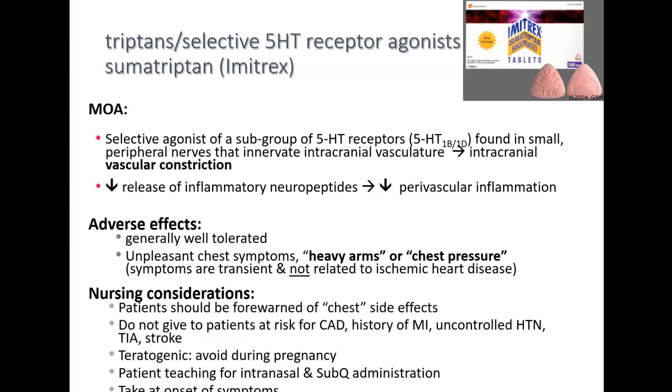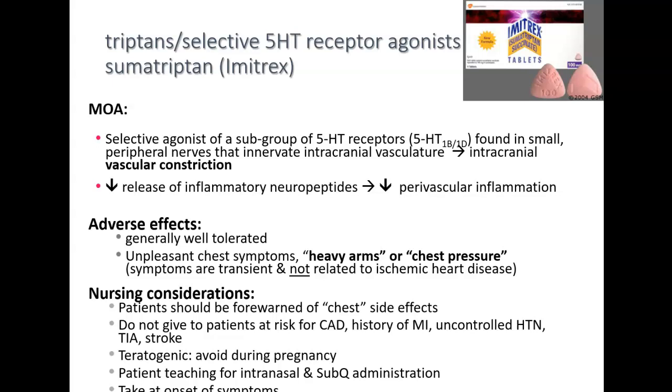Adverse effects are that it's generally well tolerated, although some people can have transient symptoms that can seem almost like the patient's having a heart attack, like some chest pain, maybe a little difficulty breathing, but it usually passes fairly quickly. Other symptoms you can have are heavy arms and chest pressure.